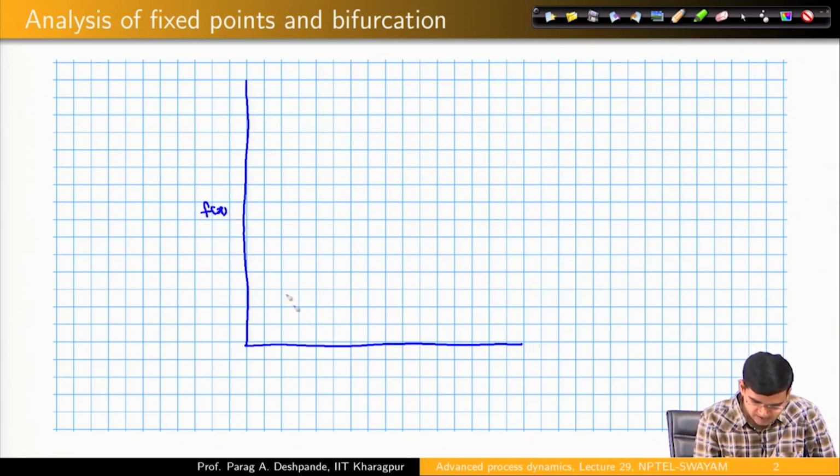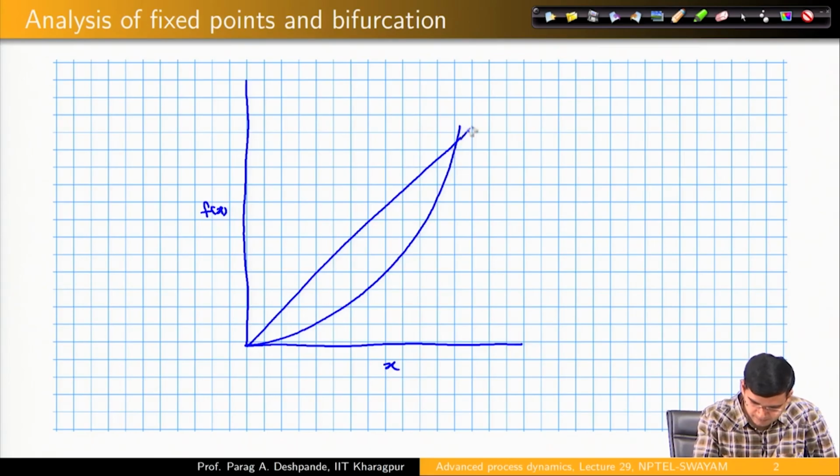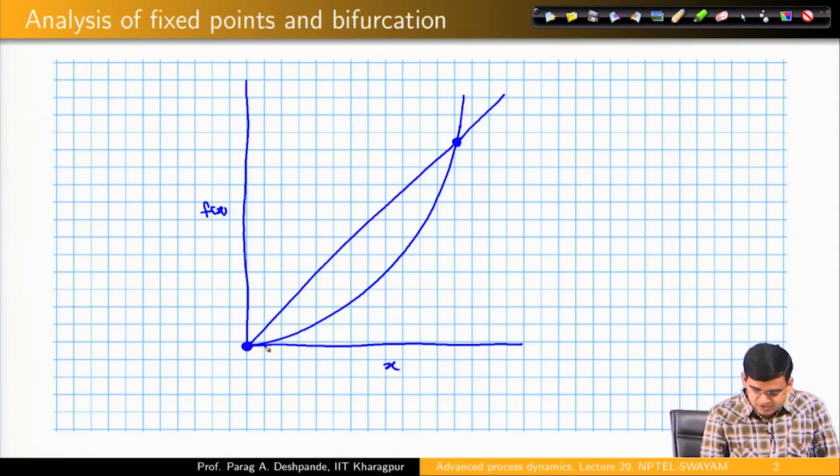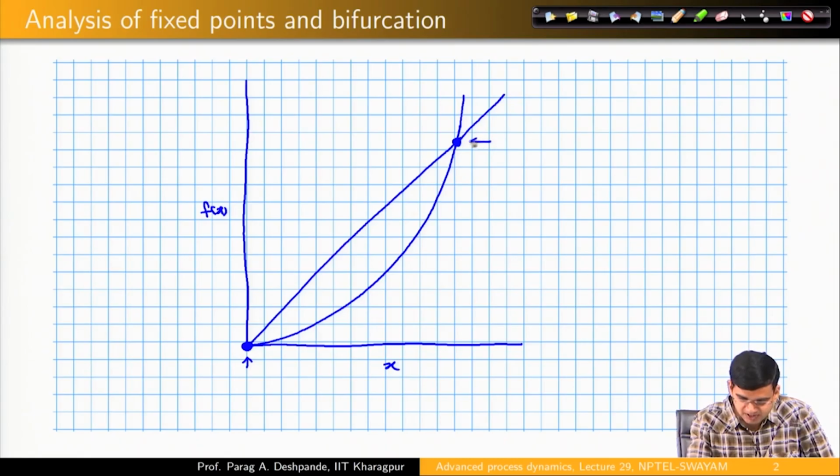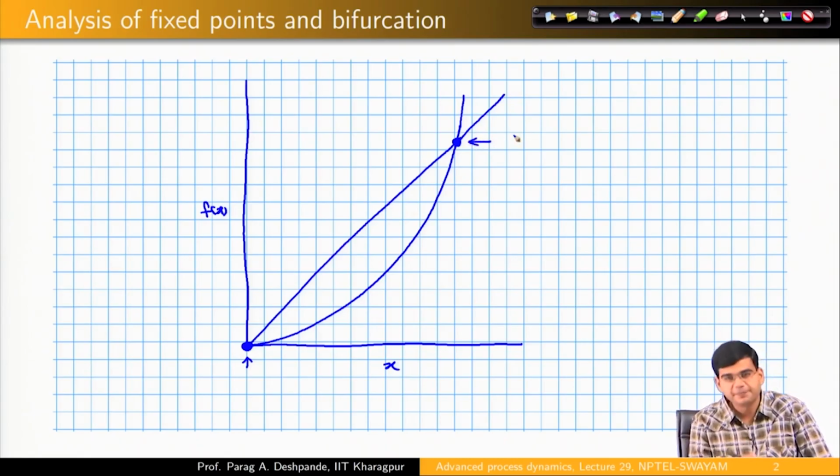F of x, this is x, these are the two fixed points. So, how do I determine whether the lower fixed point is stable or unstable, the upper fixed point is stable or unstable? The same method which we followed previously.